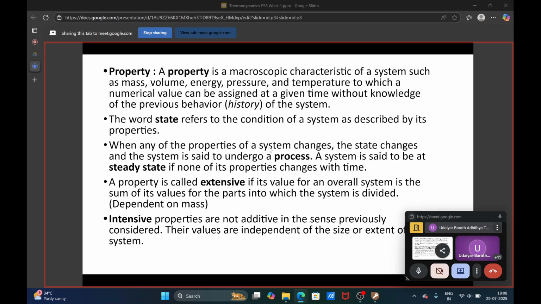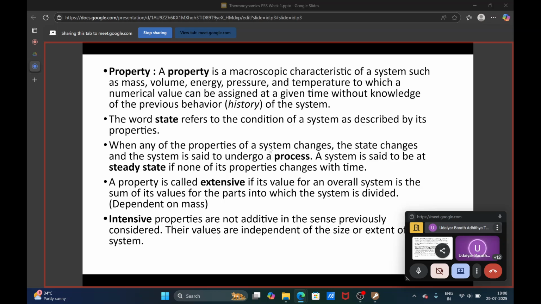Similarly, if you take boiling water and assume the whole water is of uniform temperature, and you split it into equal or smaller parts, the temperature of each part will remain the same, so it will not vary. Again, that is an intensive property. Again, if you see pressure, assume the whole atmosphere has atmospheric pressure.